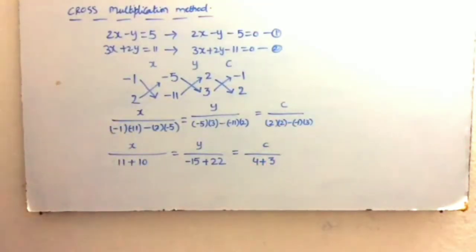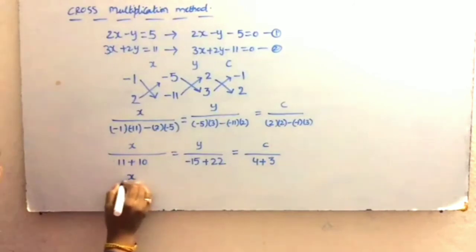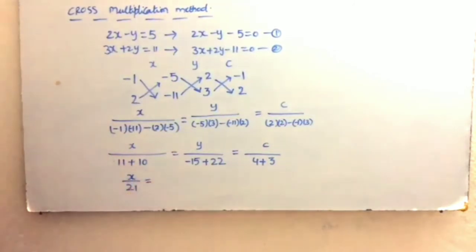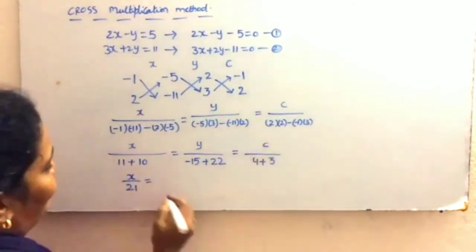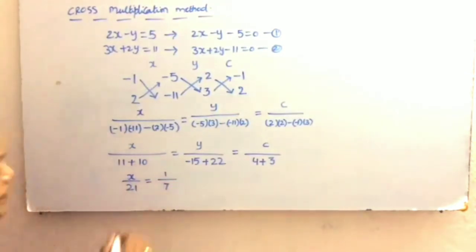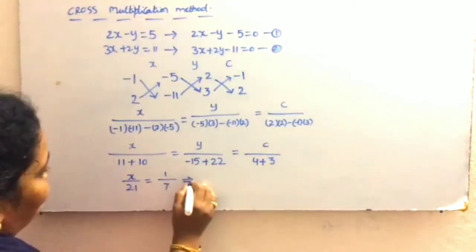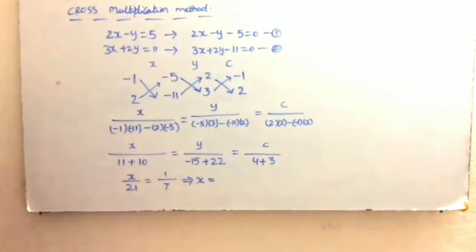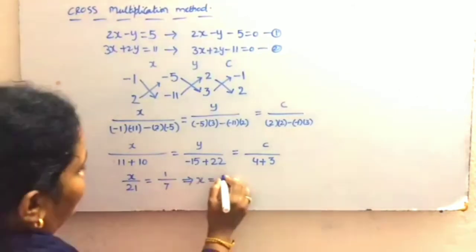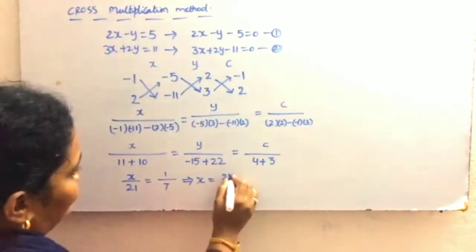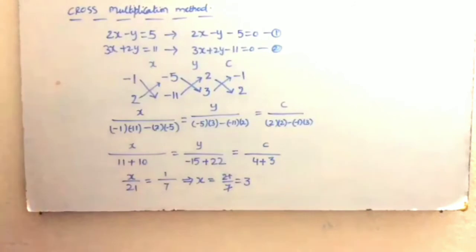Now here x by 21 equal to, here the constant c I will take as 1, that means 1 by 7. So that implies x equal to 21 by 7, that equals 3.